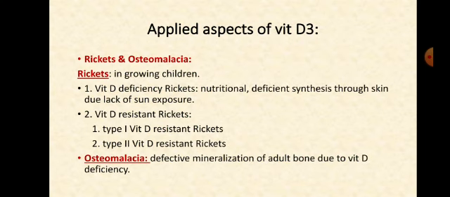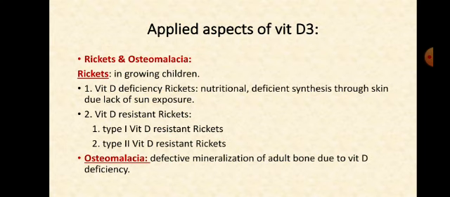Another type of rickets is called vitamin D resistant rickets. Vitamin D resistant rickets means there is no deficiency of vitamin D as such, but due to some specific reason the vitamin D cannot exert its action, or the activation process of vitamin D cannot take place. It can again be of two specific types: type 1 vitamin D resistant rickets and type 2 vitamin D resistant rickets.